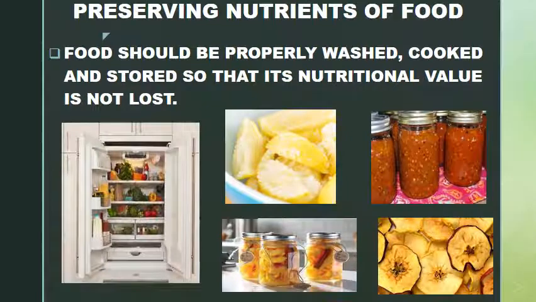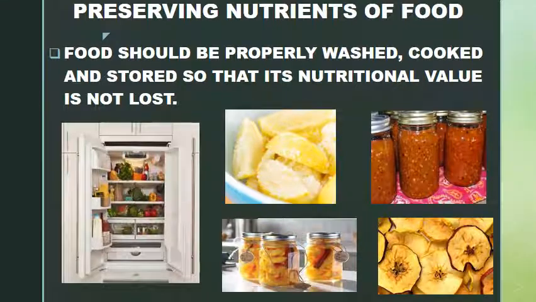Now, how can we preserve nutrients of food? Students, only eating the right amount of food is not enough for our health. Food should be properly washed, cooked, and stored so that its nutritional value is not lost. Food must be cooked with care because overcooking destroys the nutrients.